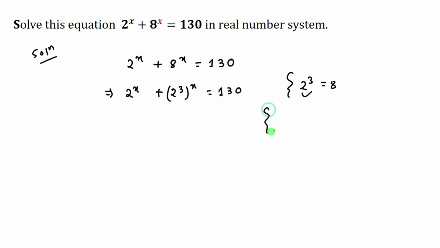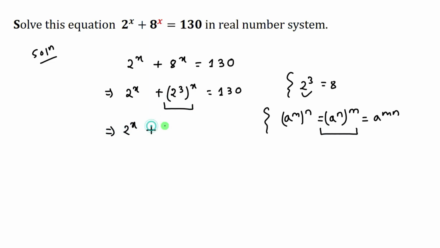Now we know an exponential rule: a to the power m, whole to the power n, is equal to a to the power n, whole to the power m, equals a to the power mn. That means the powers get multiplied and we can also interchange the places of the powers. Applying this rule, we can write 2 to the power x plus (2 to the power x) whole cubed equals 130.